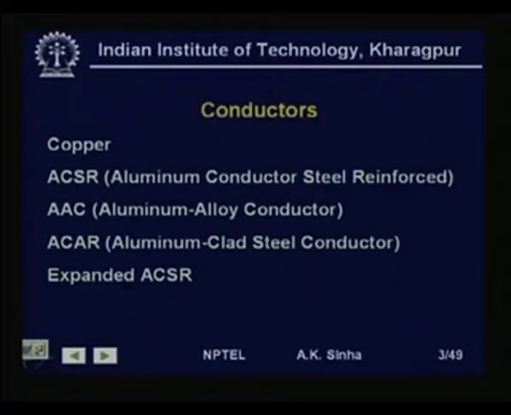A new type of conductor which is now sometimes being used in extra high voltage lines is what we call expanded ACSR. It is the same ACSR, or aluminum conductor steel reinforced conductor, except that between the steel core and the aluminum we have some fibrous material placed in between.